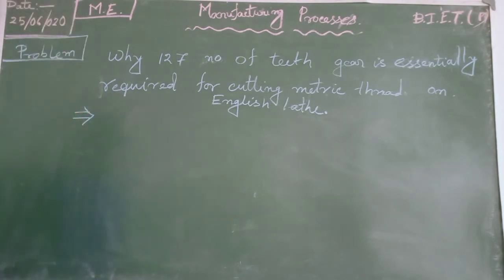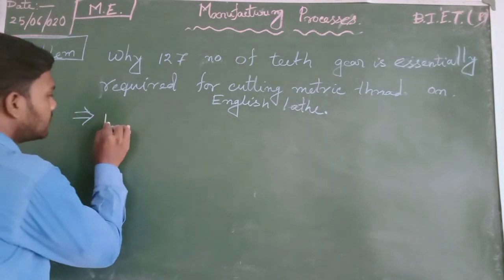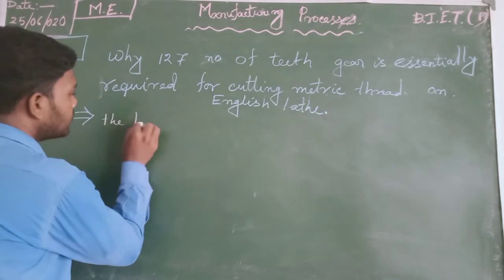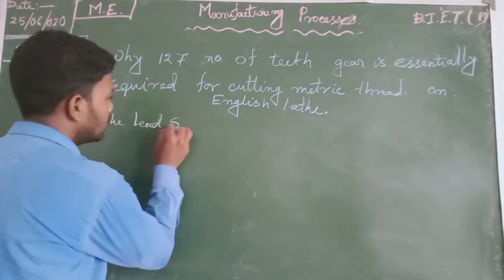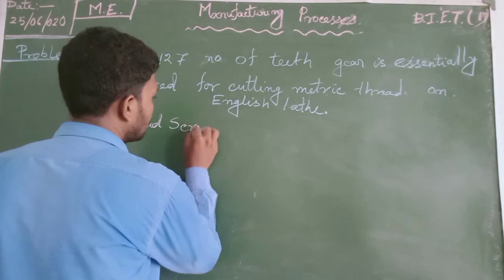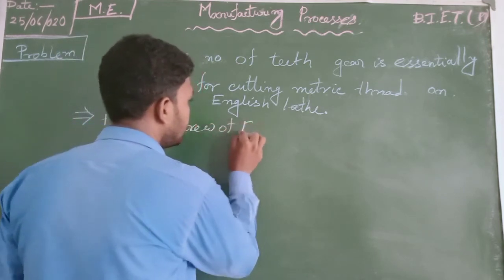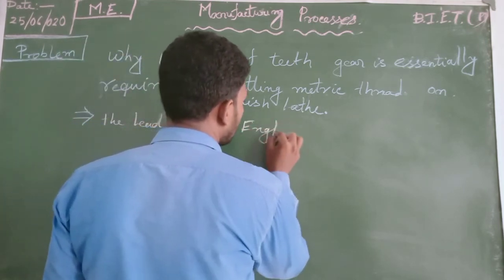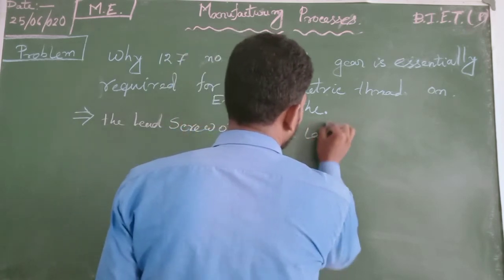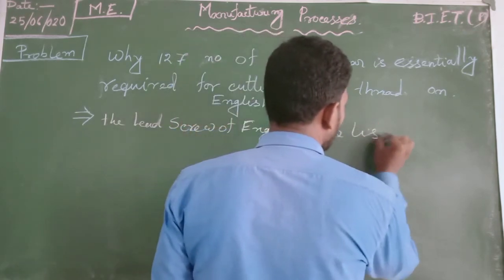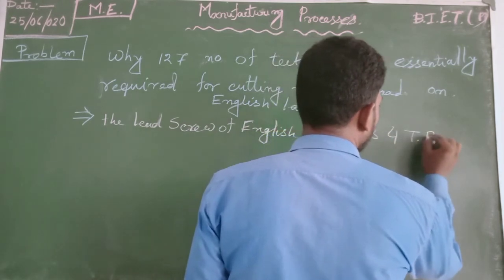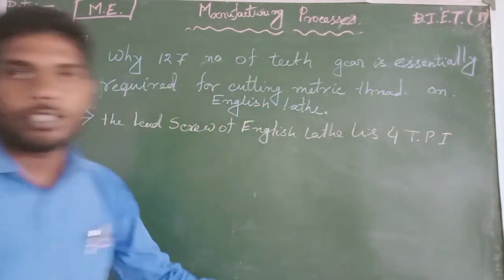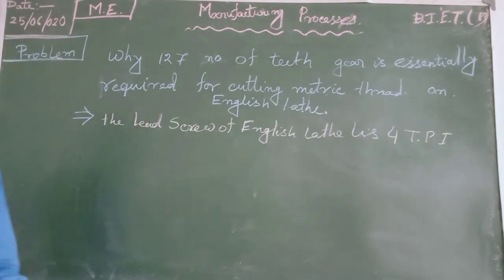Because the lead screw of the English lathe is 4 TPI, that means threads per inch.